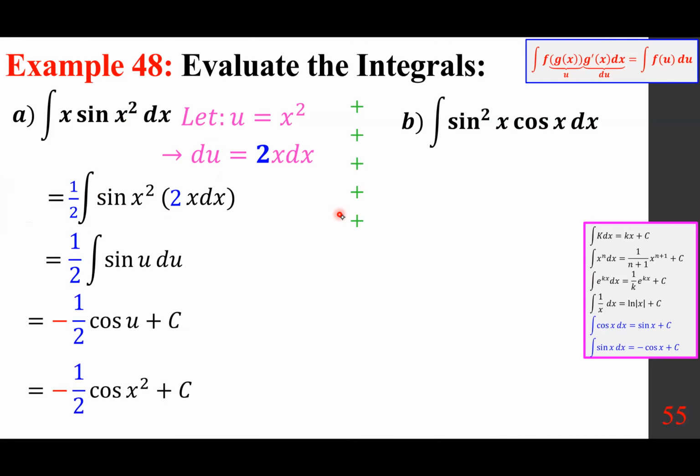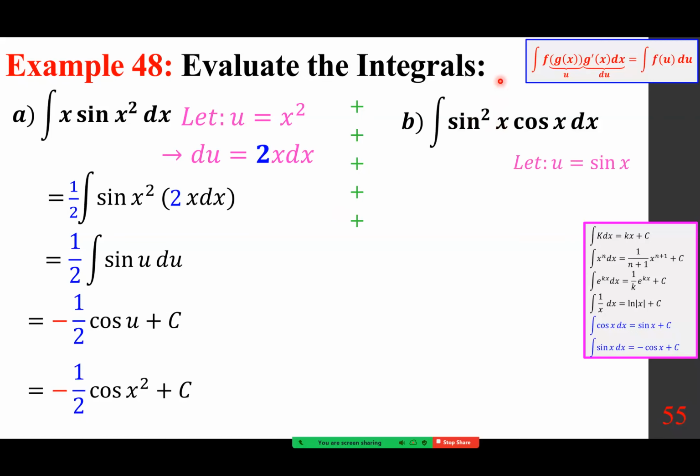In the case of part B, when sine and cosine are both involved, the one with the exponent is the choice of u. Sine x has the exponent. Of course, you choose it without the exponent. Again, everybody knows this is sine x to the second power.